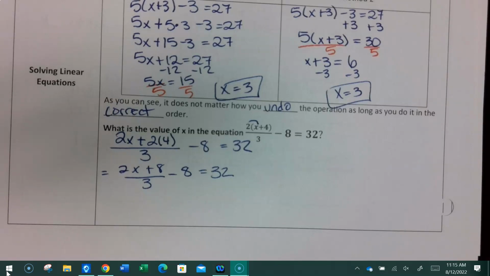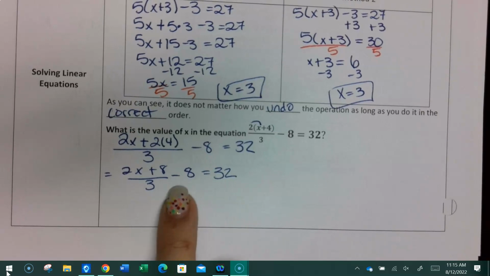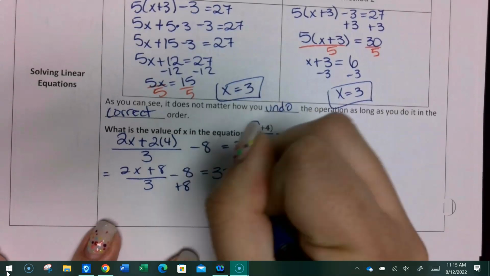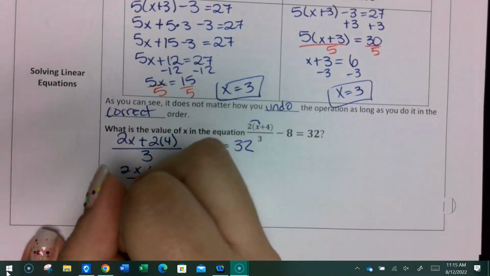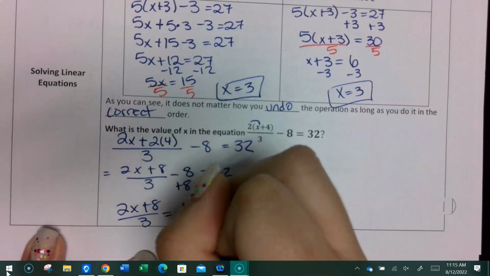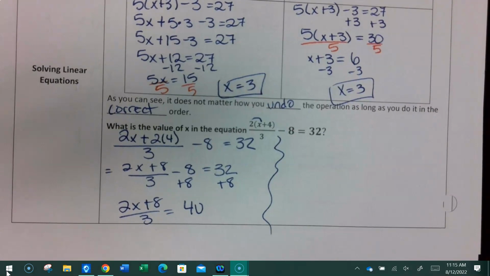Add 8 to that. I've never met anyone that likes fractions. I like fractions. So I want to undo the subtraction first. So I'm going to go ahead and add the 8 to both sides. Okay, so that gets me equaling to 40.